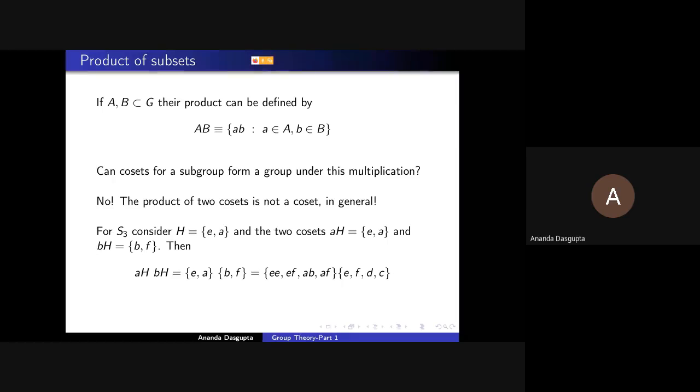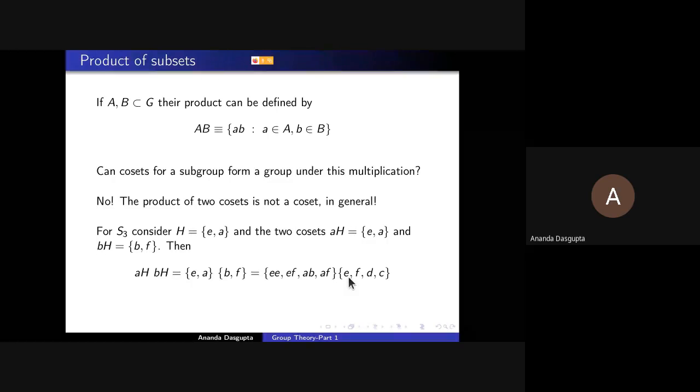You multiply this out, EB is B, so this is {B, F, D, C}. Again, sorry for the typos, it was done rather in a hurry. This is the final result, {B, F, D, C}.